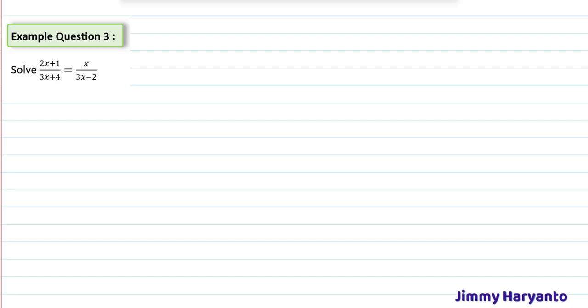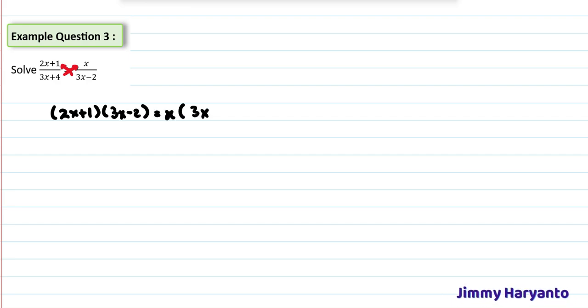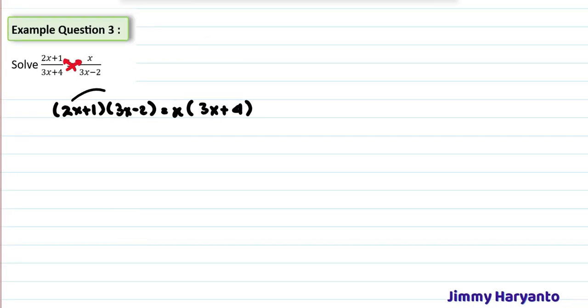For this one, you only have to do cross multiplication like this. As you learned before in the previous grade, when you have a fraction equals a fraction, you have to do cross multiplication. So you'll have 2x plus 1 times 3x minus 2 equals x times 3x plus 4. Just cross multiplication.